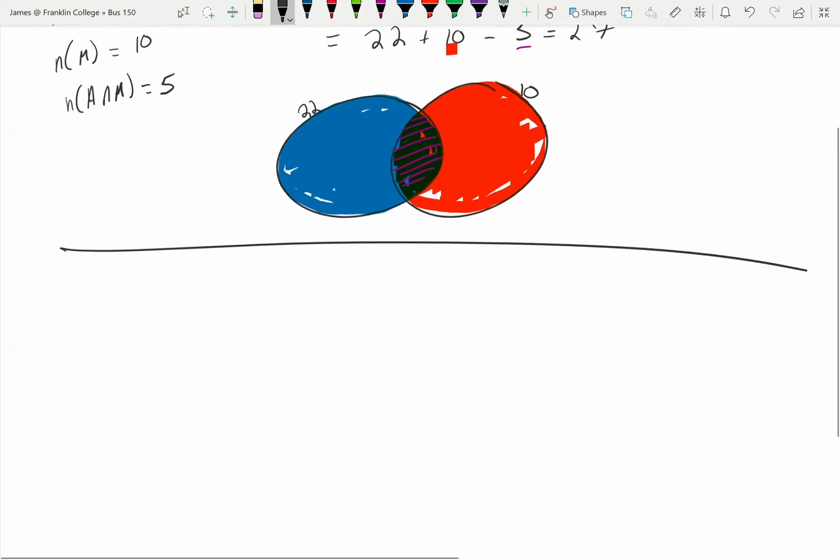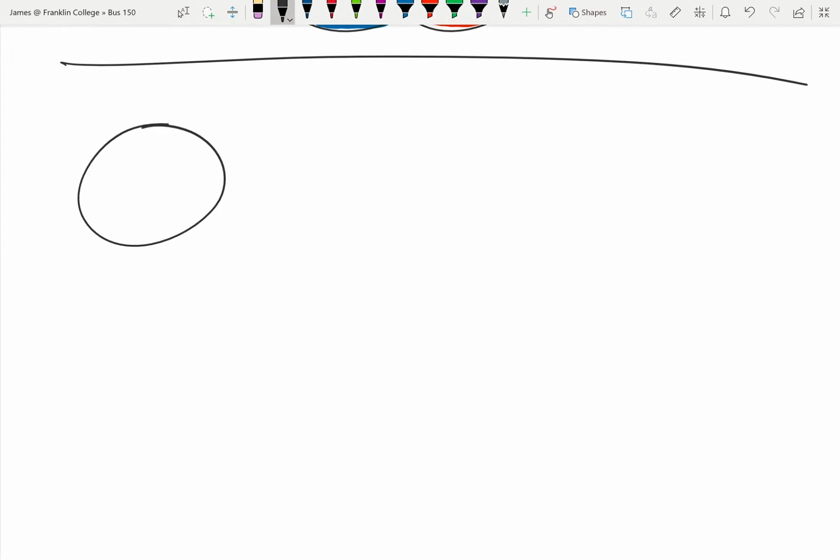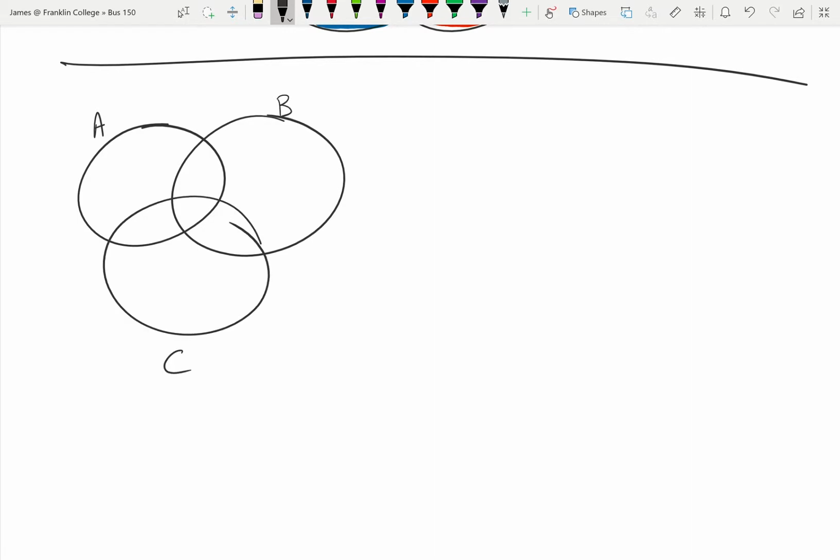Let's make it even more complex and think about 3 sets. So set A, B, and C. Alright, if we want to know the total number that's in A union B union C. So we want to know the total.